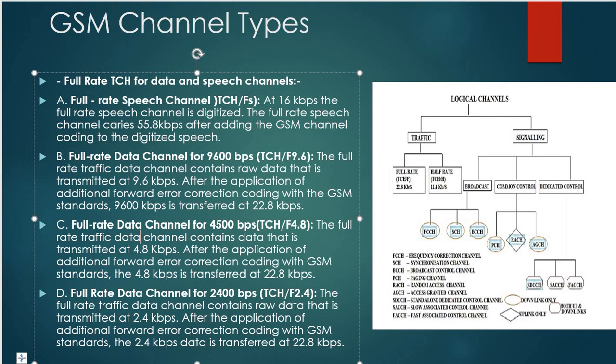In this 2400 bps channel, the full rate traffic data channel contains raw data that is transmitted at 2.4 kbps after the application of additional forward error correction coding with the GSM standard. The 2.4 kbps data is transferred at the rate of 22.8 kbps. So, the data size and the speed.